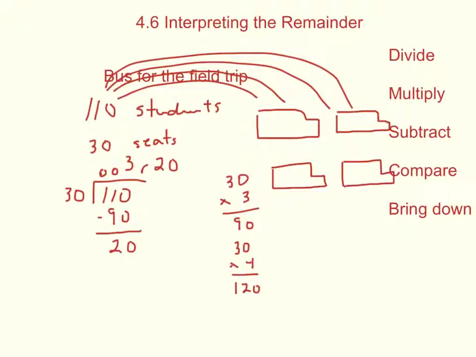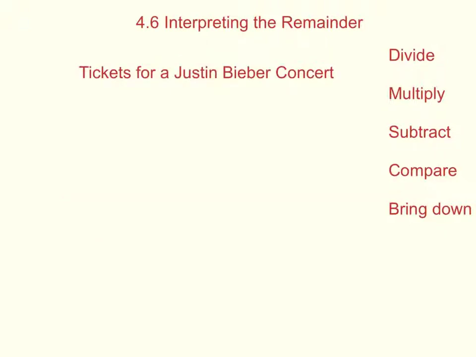We need 4 buses. In this case, what are we going to do with the remainder? We're going to actually round it up, till we get to the next one. It wouldn't be fair to the students to not take them, so we'll bring an extra bus so that everybody gets a seat.